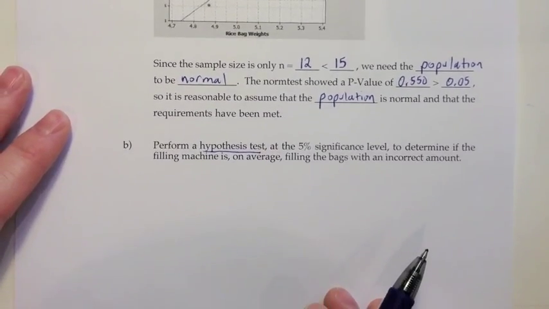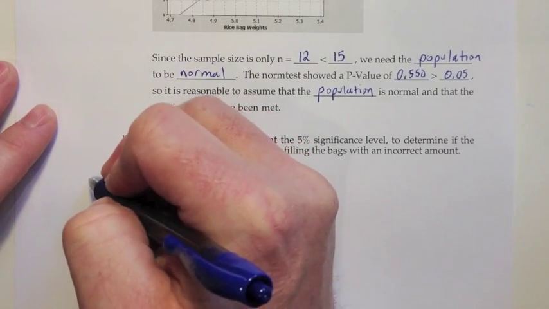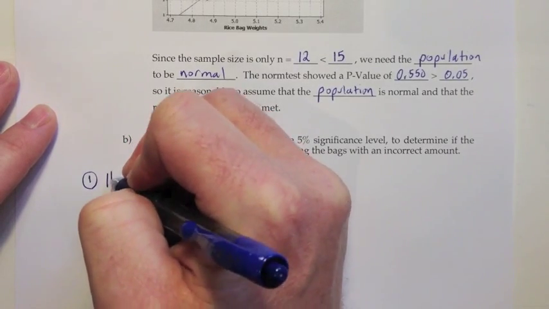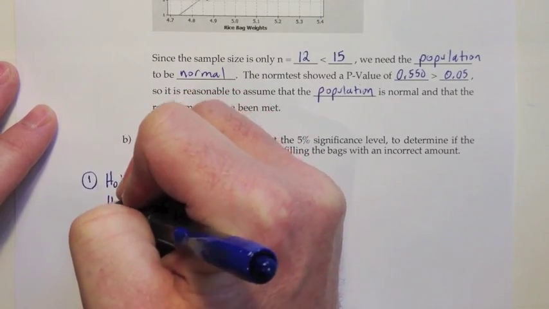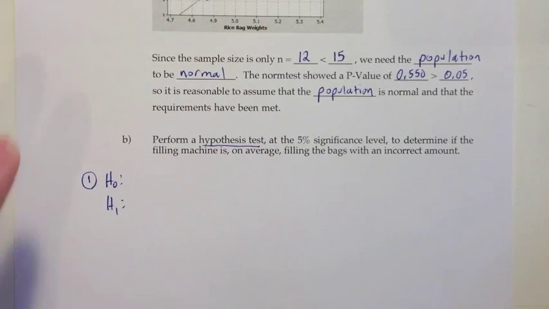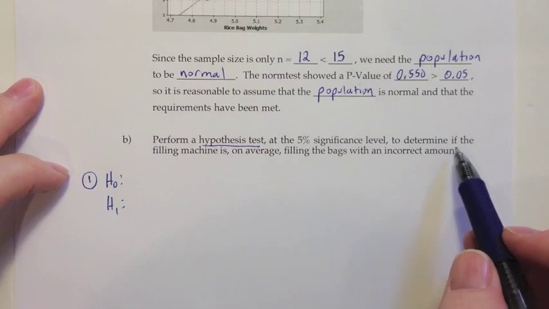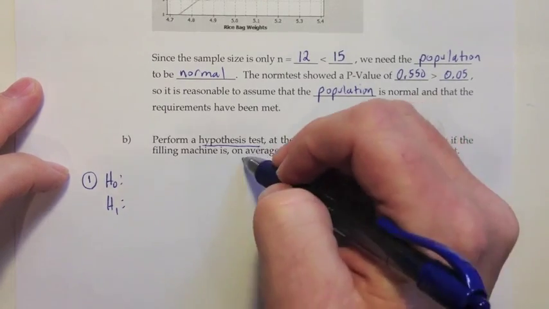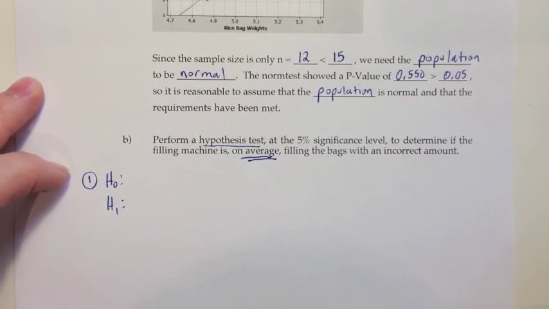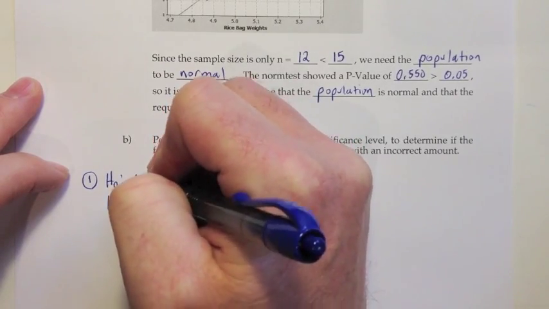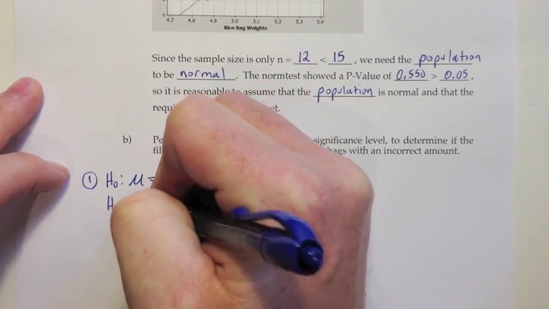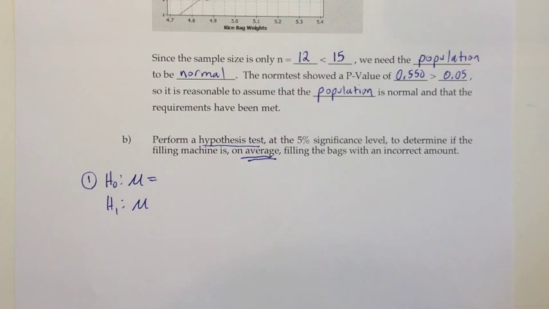And when we're going to do a hypothesis test, that's going to be a 6-step process, where step 1 is to determine H0 and H1, the null and alternative hypotheses. And when you start out in that step, you want to think about, is this a test about a proportion or an average? And we're trying to determine if the machine is, on average, filling the bags with an incorrect amount. So when a test is about an average, it's going to be a test about mu rather than p.